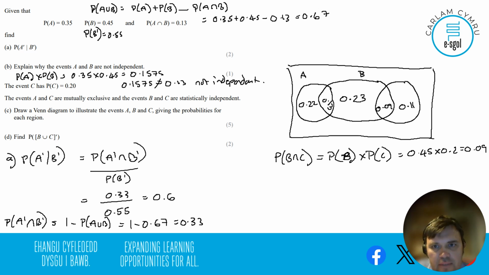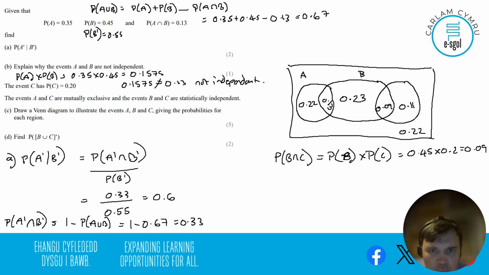Adding each one of these values together and taking away from 1 is going to give me 0.22. So on the outside, I got 0.22. A on its own is 0.22. The whole thing for A is 0.35, so on and so forth.